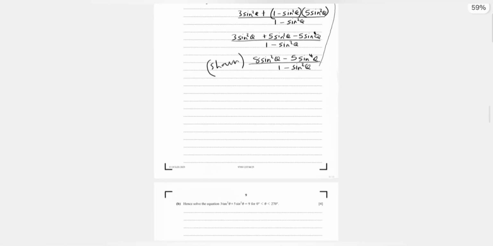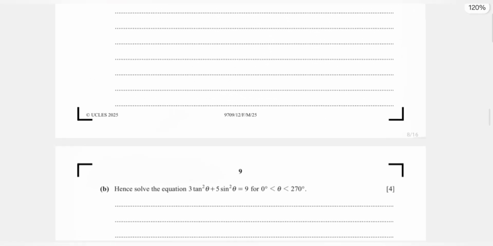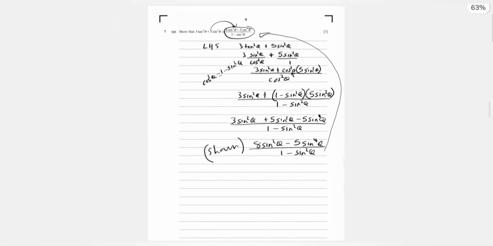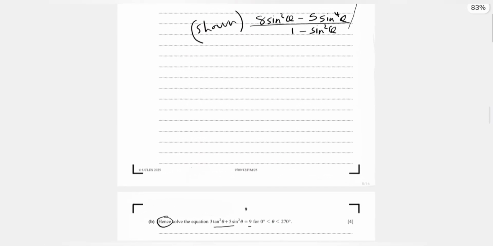And our part B is saying hence solve the equation this is equal to 9 for that. And we see this again. So it means we're going to get something from the previous question, right? Be it the answer or the question, we're not sure yet.